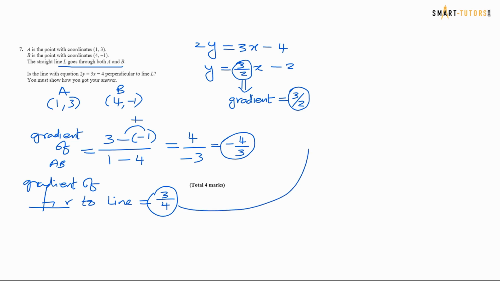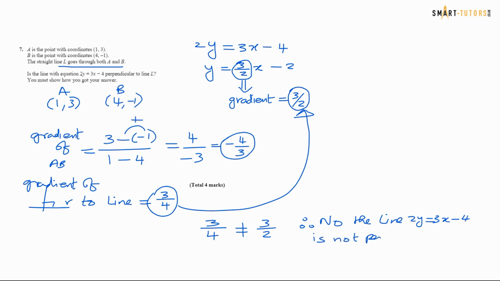But 3 over 4 is not equal to 3 over 2. Therefore, you can put 3 dots and say no, the line 2y equal 3x minus 4 is not perpendicular to line L. So that is our final answer.